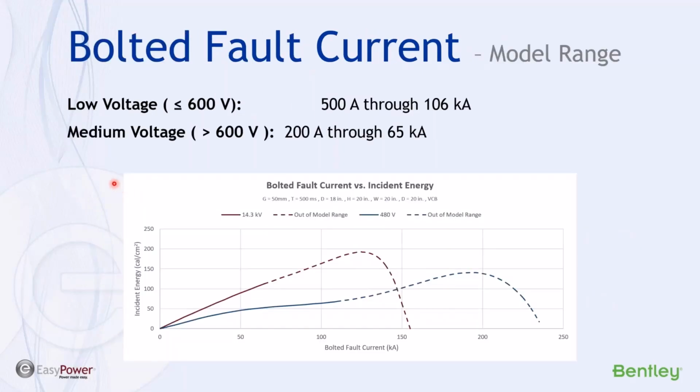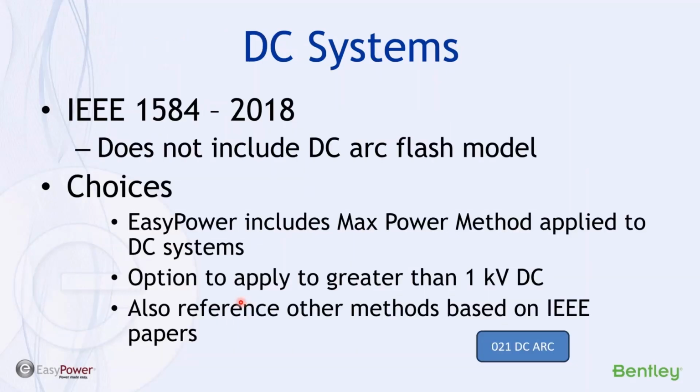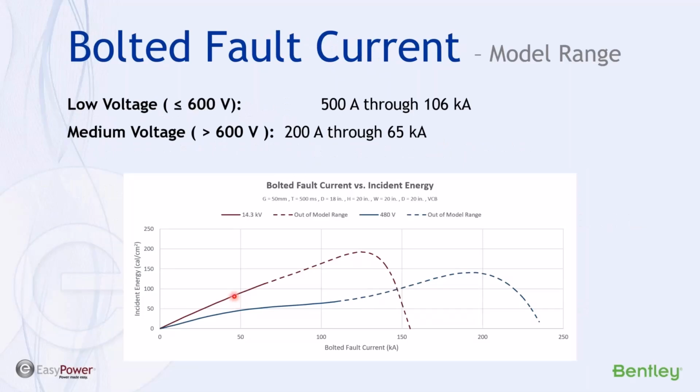Now, all these variations in parameters and the nonlinearity of the 1584 2018 model are represented by these displays of voltage fault current versus incident energy. And the rust color plot is the 14.3 kilovolt range.